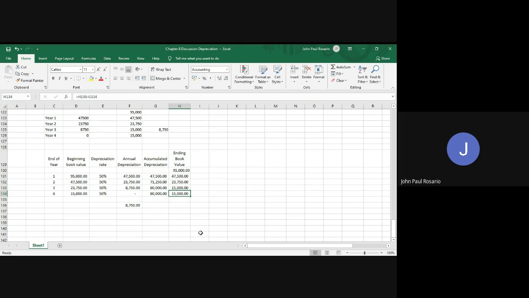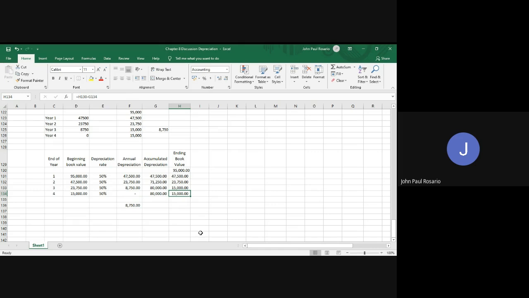But there are questions wherein you will be given sets of data and you will be asked what depreciation method was used. Okay, so in order for you to be able to know what depreciation method was used for a particular problem, then you have to practice a lot. Okay? Sige.